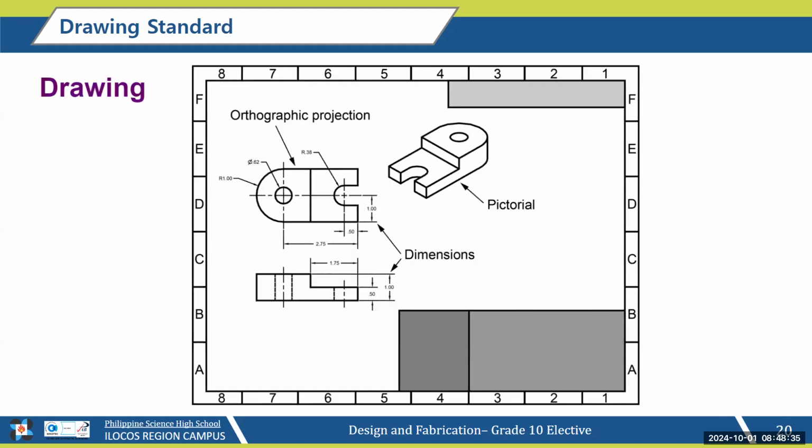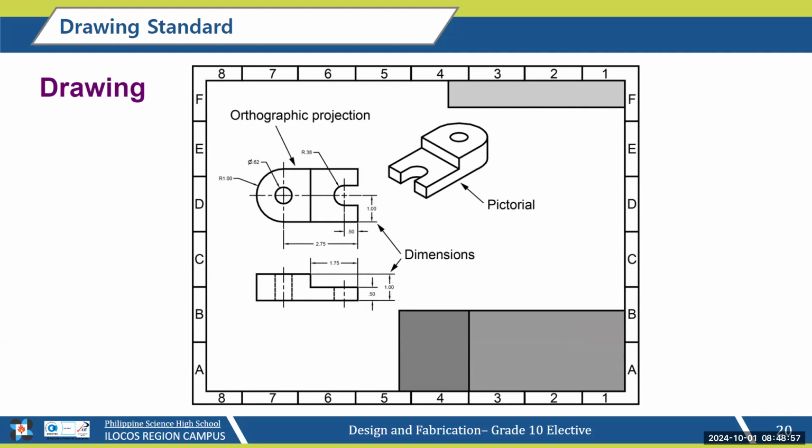Let's now focus on the drawing area, or the space within the borders where the actual drawing is presented. In this area, you will find the main views of the part or system, such as the front, top, and side views.